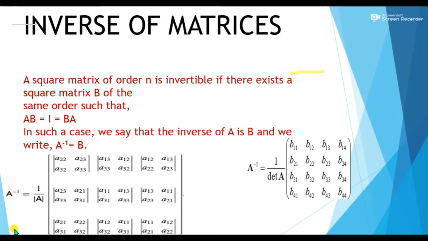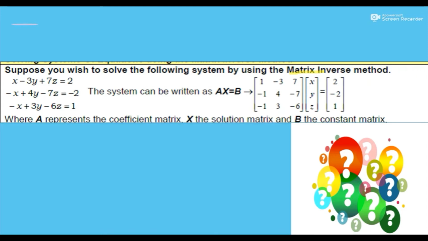I am just giving a rough idea about these things, and we must know this to solve the question. So coming back to the question, we need to find the value of the solution matrix X, that is X, Y as well as Z.